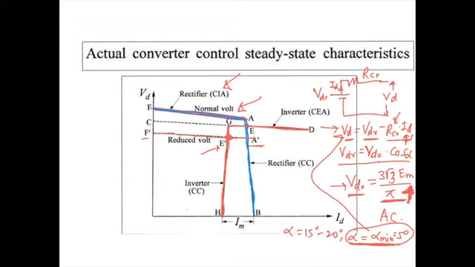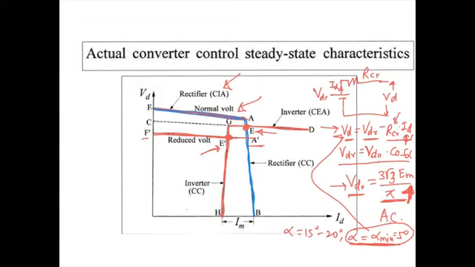That means earlier the HVDC link was operating at E, but due to a drastic reduction in voltage at the rectifier end, the operating point has now shifted to E dash, with a reduced current. So it is always better to have power transfer at a lower value than not having any power transfer.